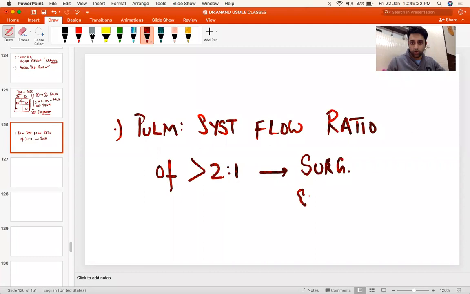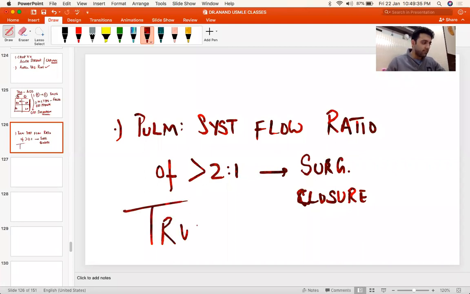True or false? Anyone? We should put a surgical closure to this. This is a true statement. A pulmonary to systemic flow ratio of more than 2 to 1 is an indication for surgical closure of atrial septal defect. That you should know.